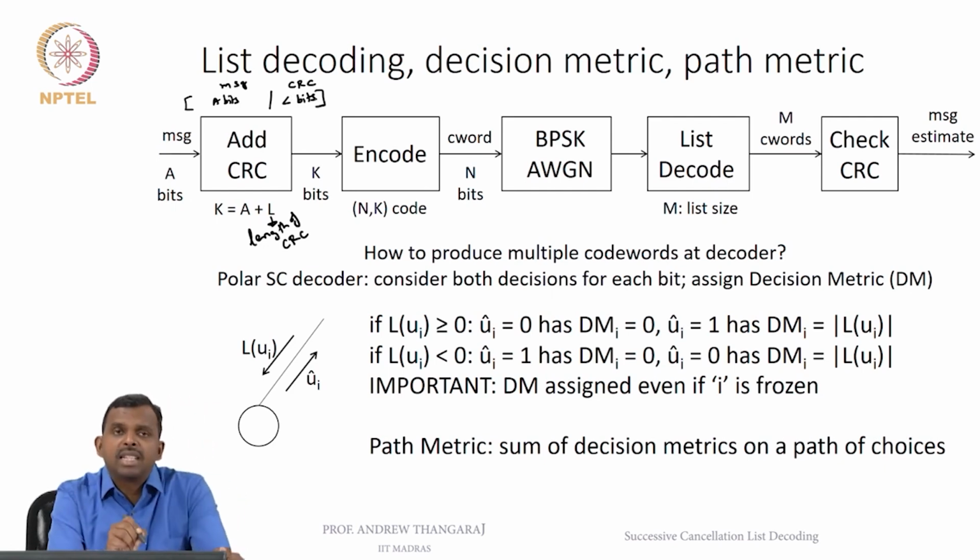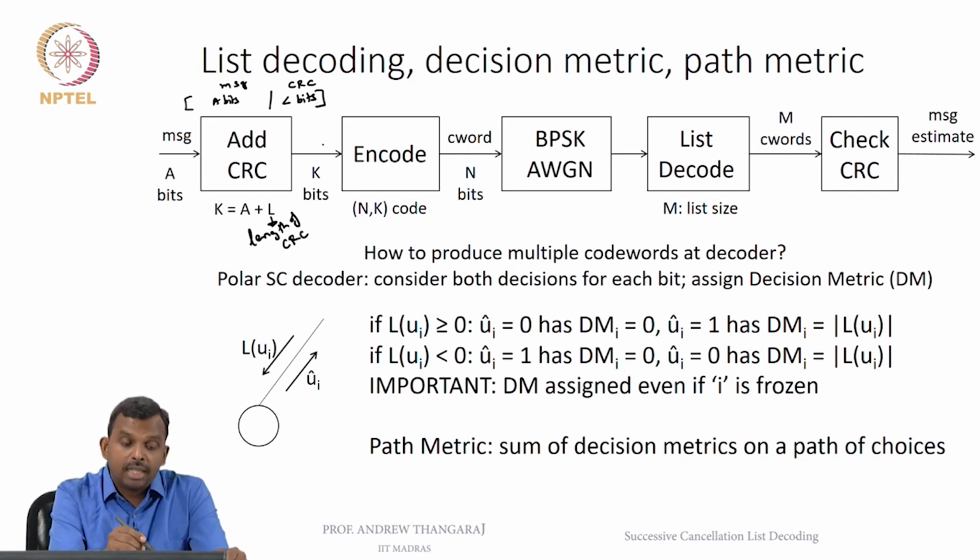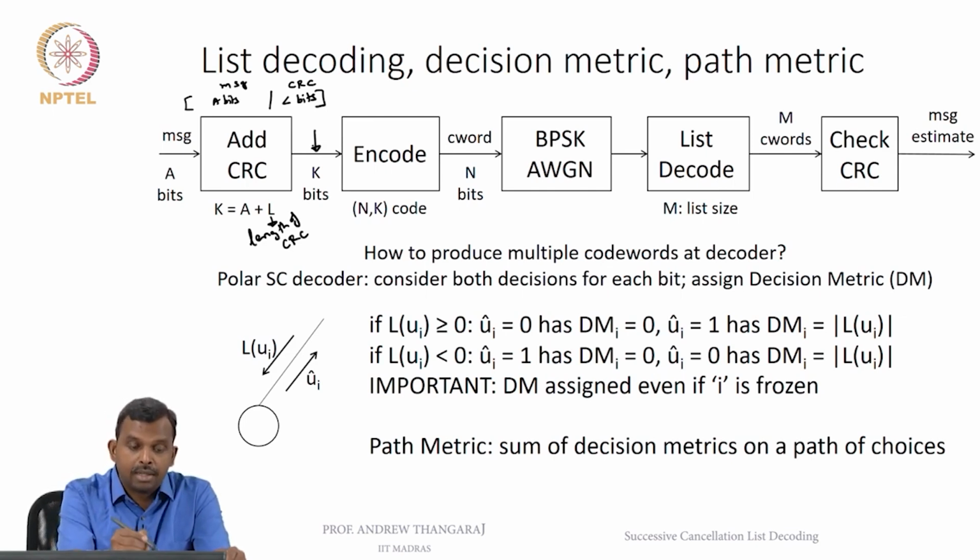Computing the CRC is standard, and for instance, the standard document completely describes how to compute the CRC, how to run the shift register, etc., and how to add it to the message bits. So you take the A bits, add the L bits, you get K bits. This is the actual message which is encoded. So these K bits is the actual message for encoding.